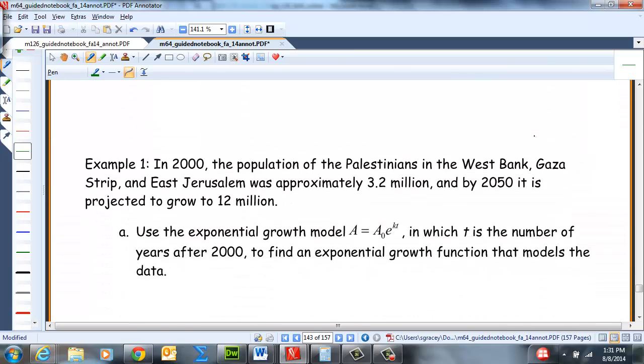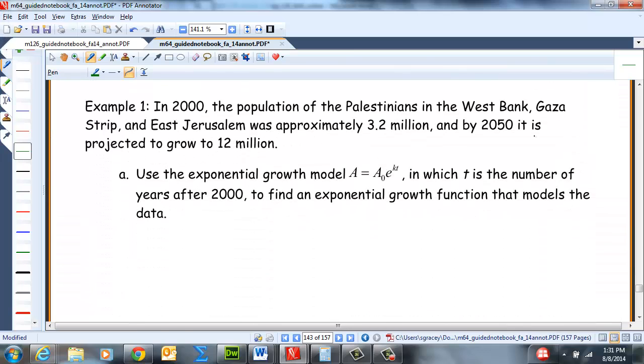So let's look at some examples. In the year 2000, the population of the Palestinians in the West Bank, Gaza Strip, and East Jerusalem was approximately 3.2 million, and by 2050 it is projected to grow to 12 million. So they want us to use this exponential growth model where t is the number of years after 2000.